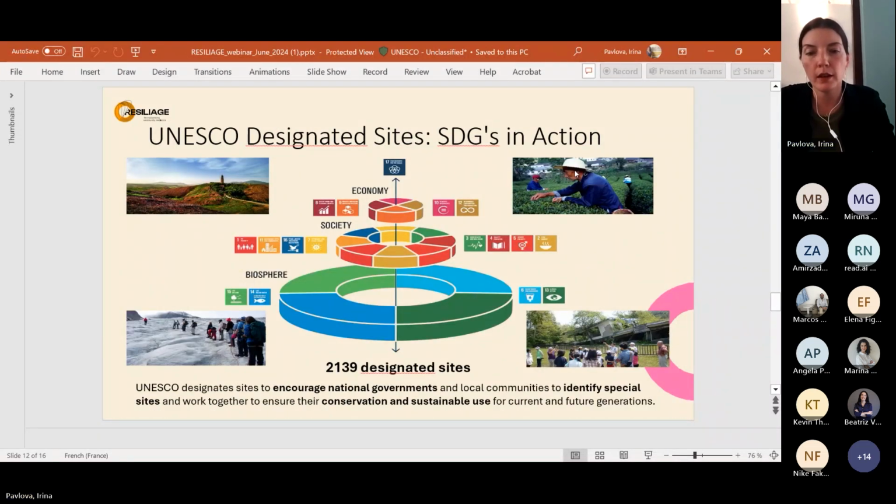These very unique territories all over the world, more than 2,000 sites, represent living labs where communities are taking an active part in their territorial development and influencing their own lives, communities' lives, and their environment. Those contribute, of course, to building resilient communities.